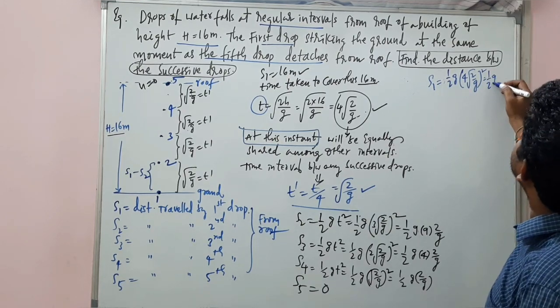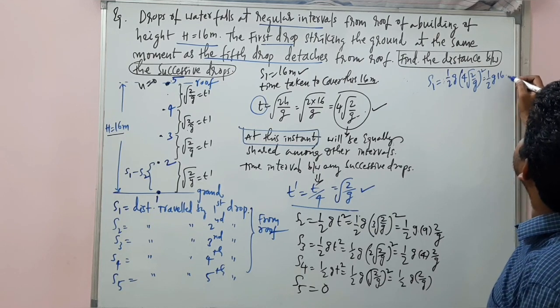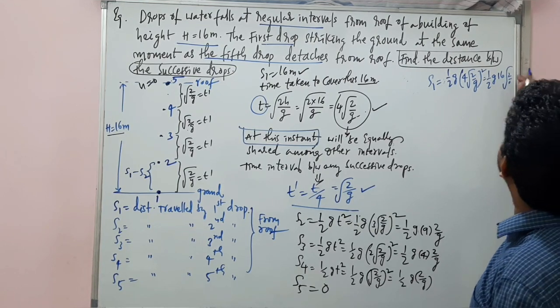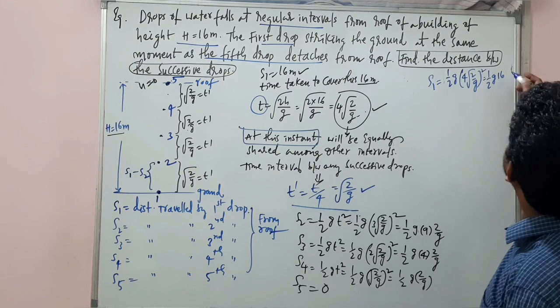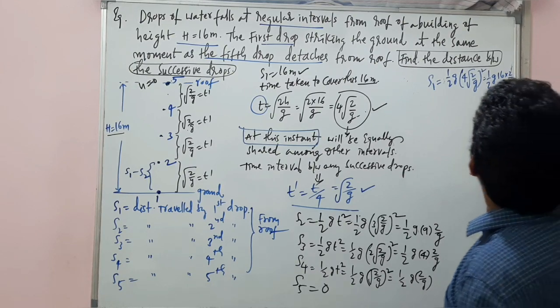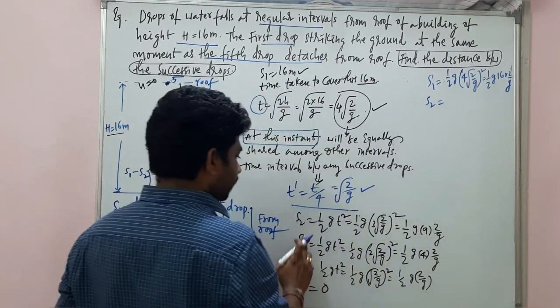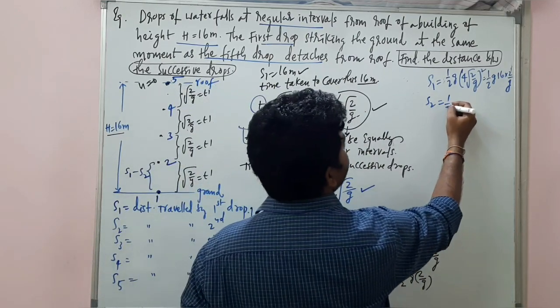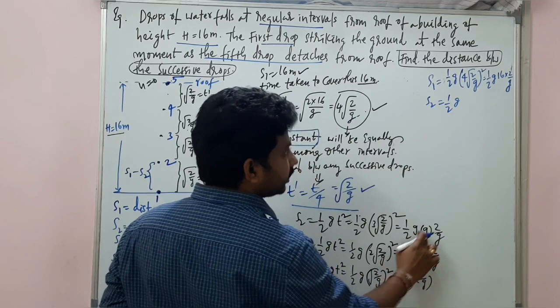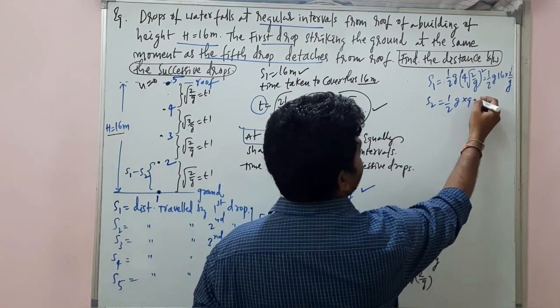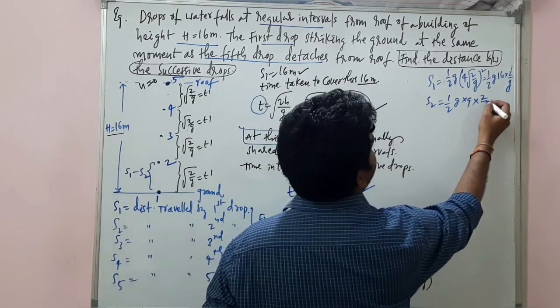Half into g into 16 into 2 by g. Okay. So S2 is how much from here? S2 is half into g into 9 into 2 by g.